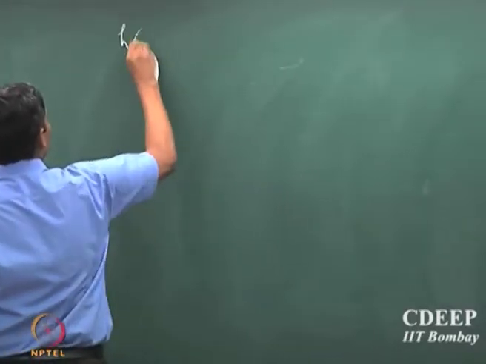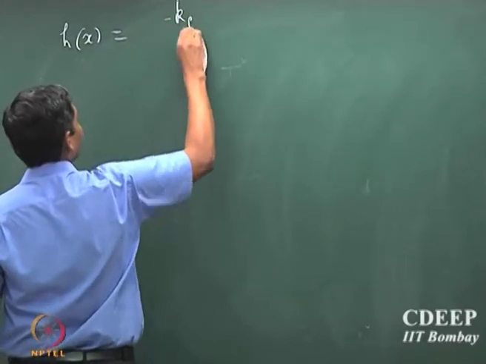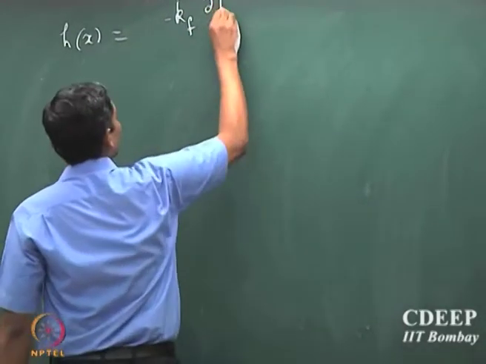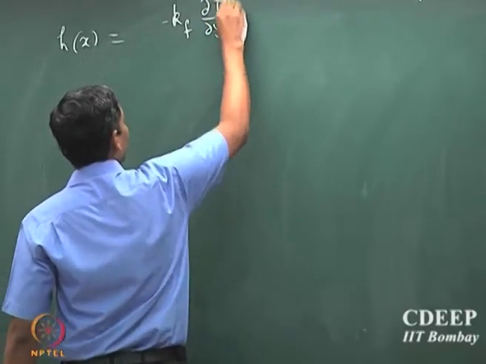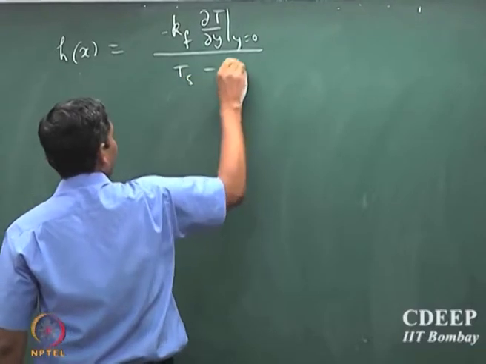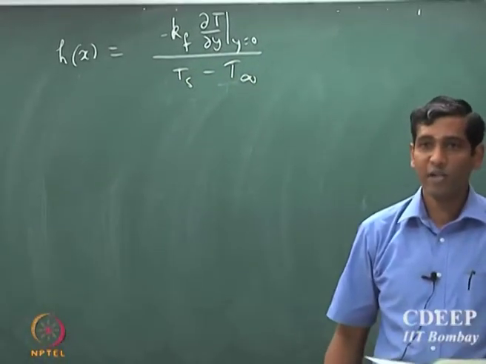Heat transport coefficient is defined as minus kf, which is the conductivity of the fluid, into dT by dy at y equal to 0, divided by Ts minus T infinity. So that's the definition of heat transport coefficient.